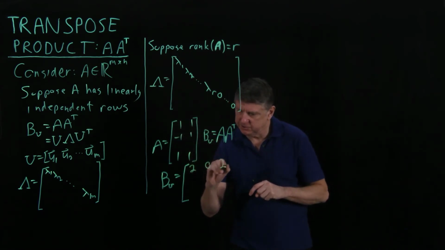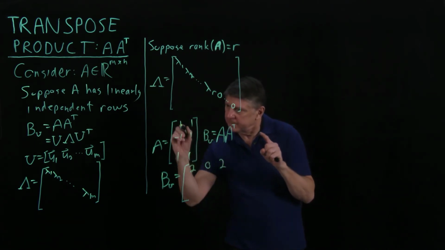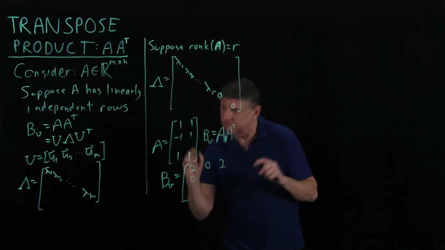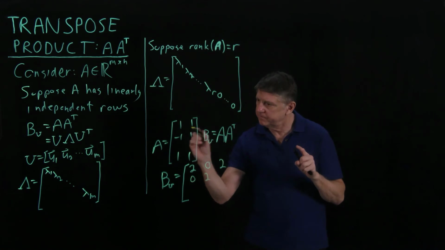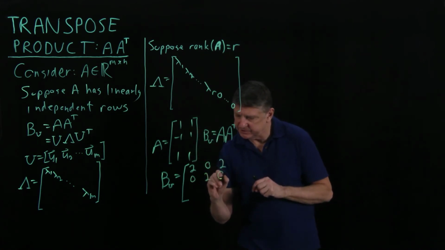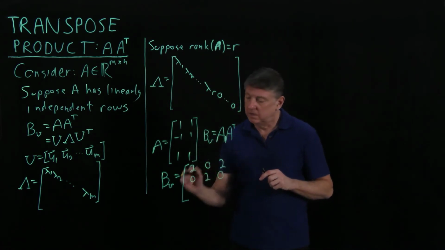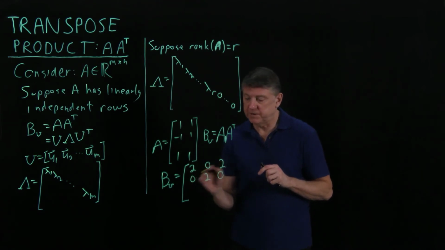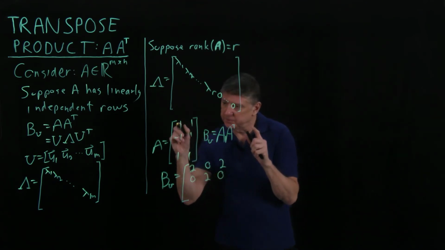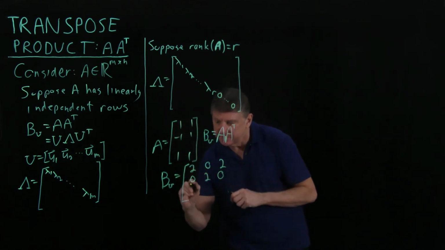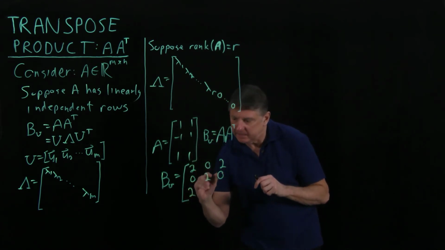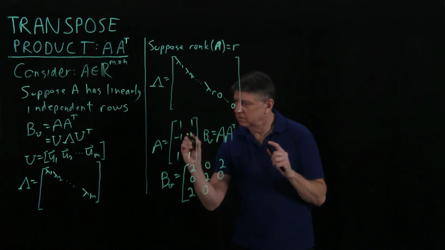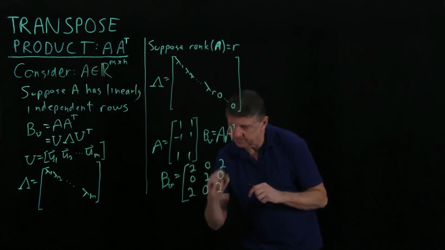I'll get a 2 here, a 0 here, a 2 here, a 0 here, a 2 here, a 0 here. I can almost fill this in just by the symmetric property, but I'll keep doing my mental calculations: that will be a 2, that will be a 0, and that will be a 2.